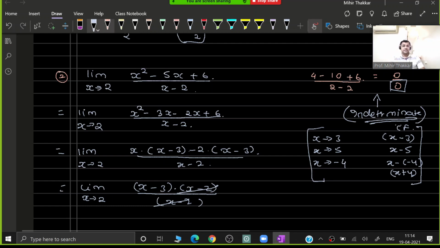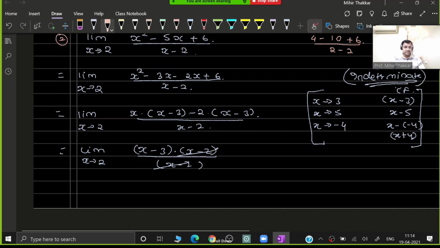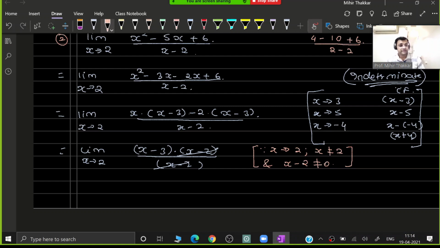Now listen carefully. After cancelling the common factor, I will write a small reason saying that since x tends to 2, x is not equal to 2, and x − 2 is definitely not equal to 0, because if x − 2 becomes equal to 0, then again it will become an indeterminate function.